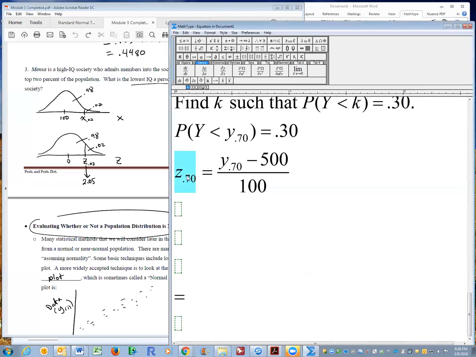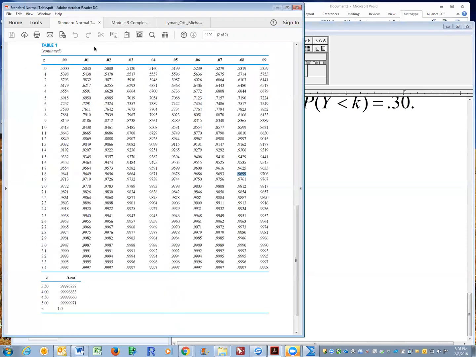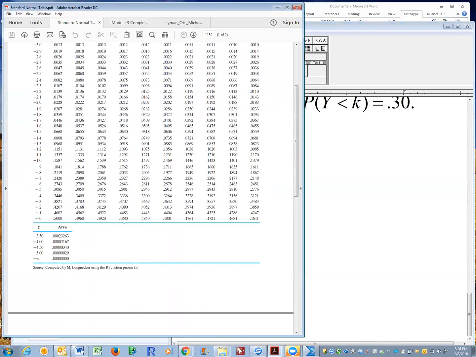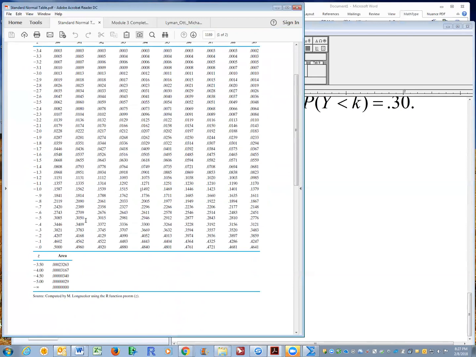This value of z has a right area of 0.7 and a left area of 0.3. If I go to the standard normal table and look for a left area of 0.3, it's going to be over here with the negative z-scores. So here's 0.3085, 0.3015.